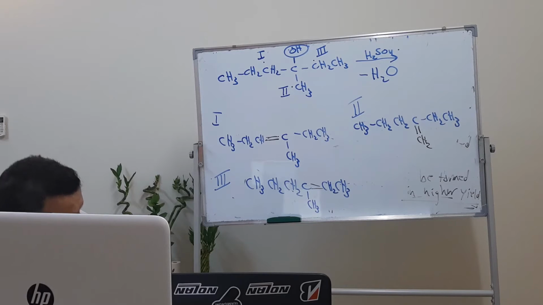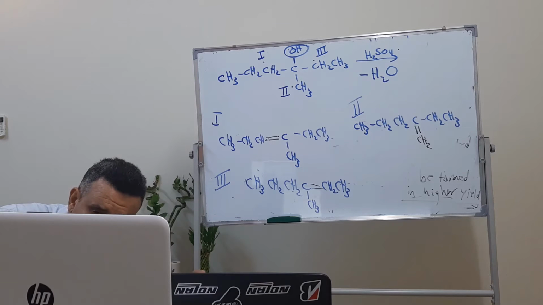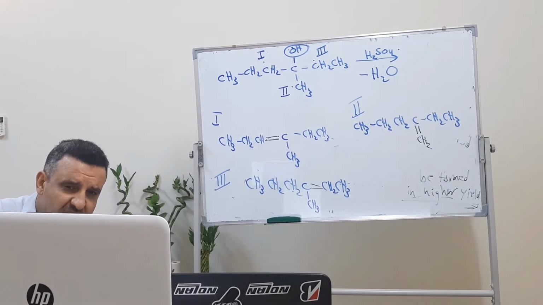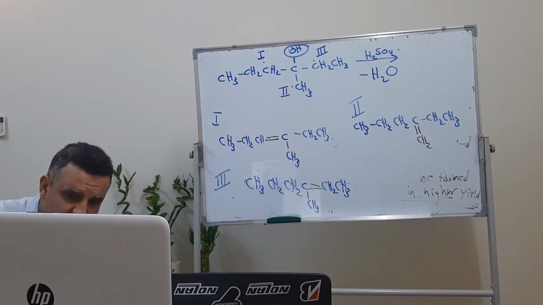Why? As we have explained, if you refer back to the previous lecture, we have explained the stability of alkenes. We said the more substituted the alkene, the more stable it is. As the number of alkyl groups attached to the carbon double bond carbon system increases, the stability will increase.